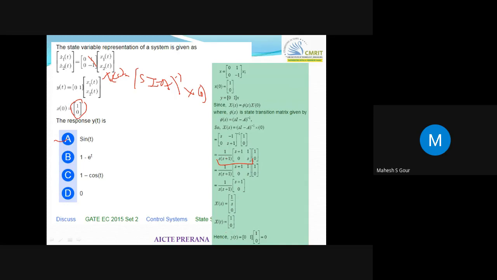So when you multiply, you are getting the answer as 1 by s. Can you solve and tell me whether you are getting the same answer? I hope you have learned matrix multiplication. Yes, sir, I got the same, sir.